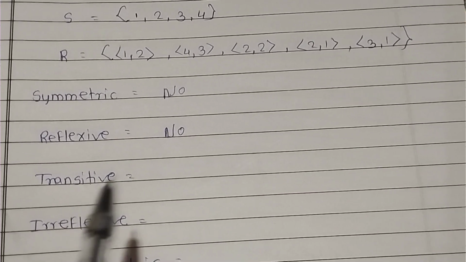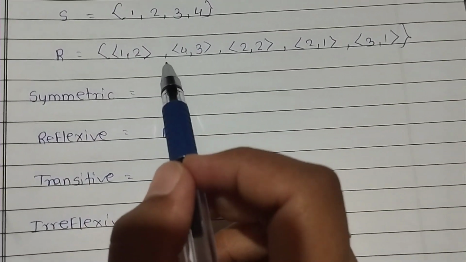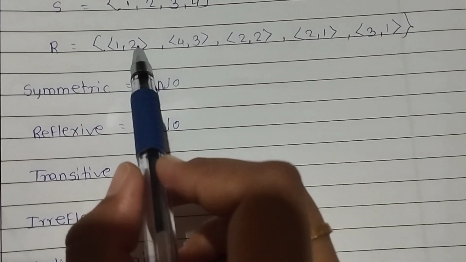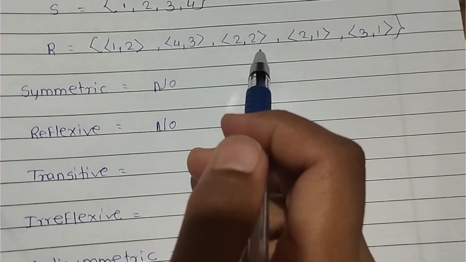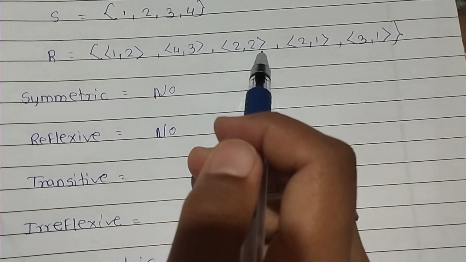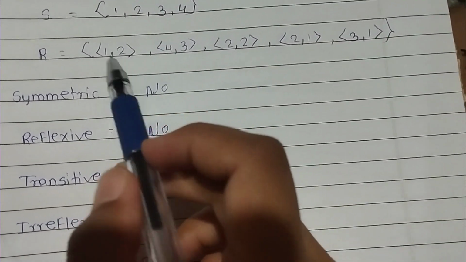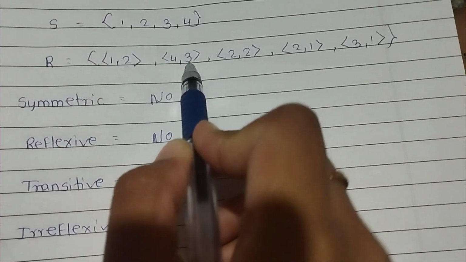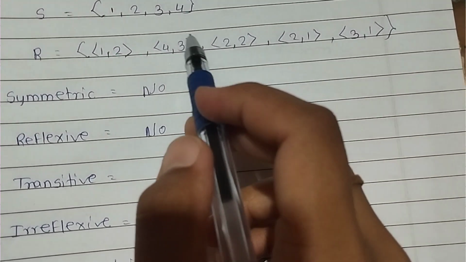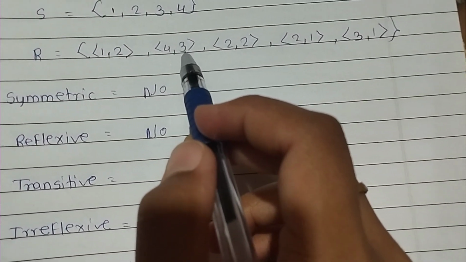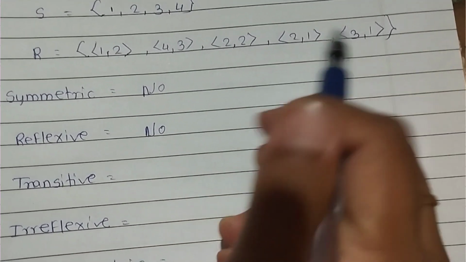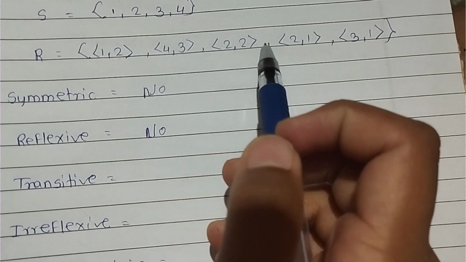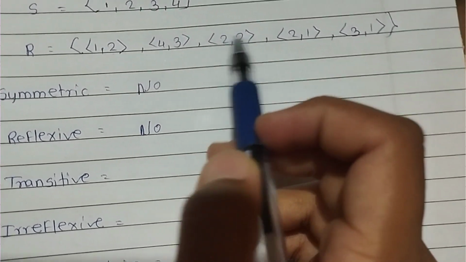Now transitive. For the condition of transitive, if 1 2 is present and 2 2 is present, then 1 2 must also be present. Yes, this condition is followed for the first pair. Now 4 3 is present, so is there any pair starting from 3? Yes, 3 and 1. So we want 4 and 1 in the given relation, but 4 1 is not present.